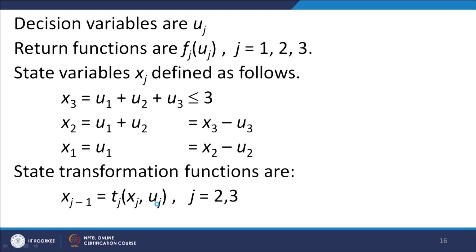and also we can define the state transformation functions x(j minus 1) is equal to tj(xj, uj), where j goes to 2, 3.